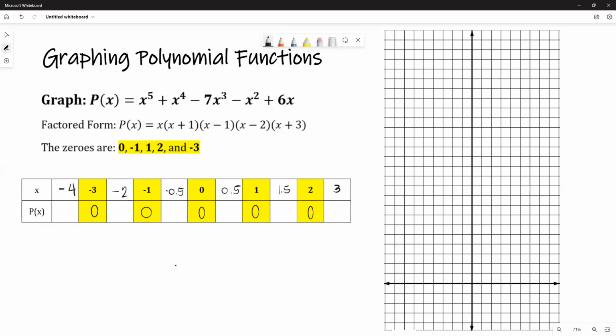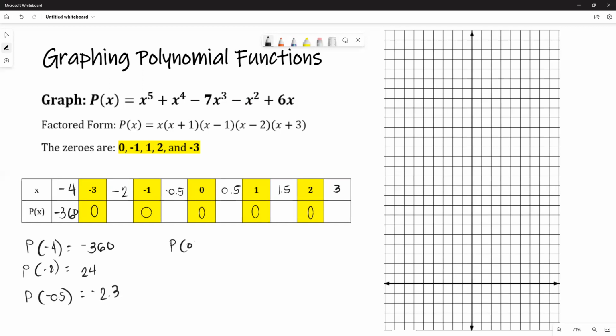The next thing to do is to substitute the values of x in our given polynomial function. So p of negative 4, by substituting the value of x in our given polynomial function, will result to negative 360. For p of negative 2, after substituting, the value will be 24. For p of negative 0.5, the value will be negative 2.3.